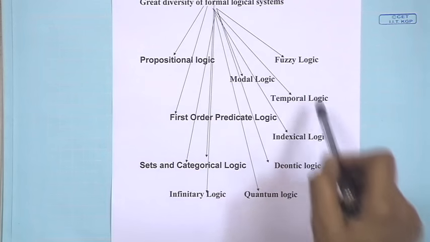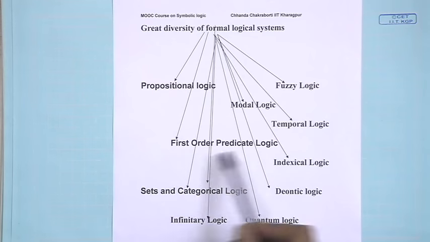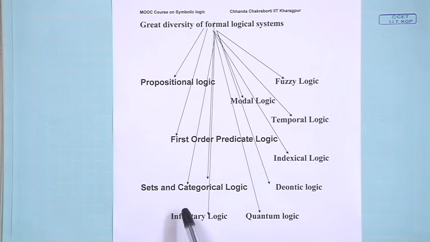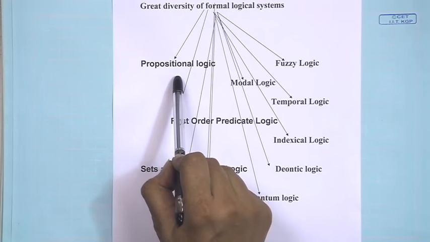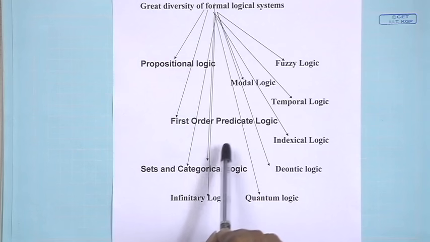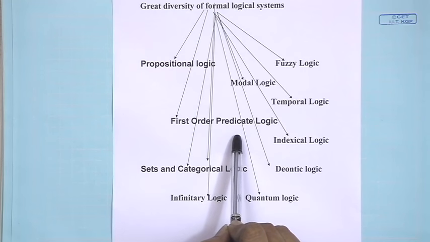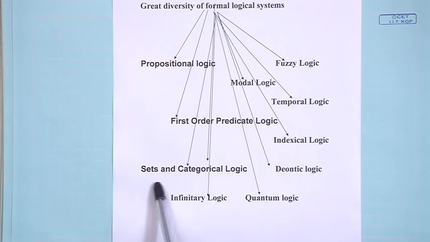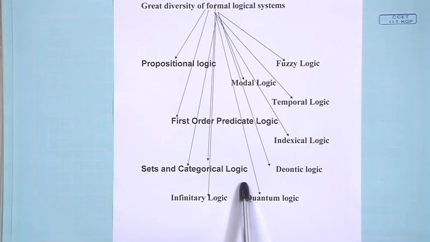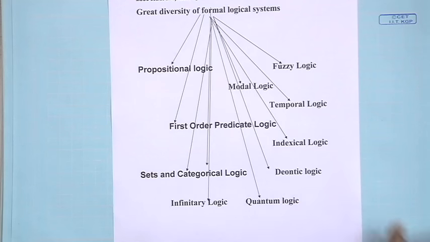So this is just to show you that there are various kinds of logics, but we will be concentrating only on propositional logic, and then we will move towards first order predicate logic, but we will make a detour through categorical logic, which is nothing but a brief introduction to Aristotelian logic. So with this, our introduction is done, and with that I will end module number 1.